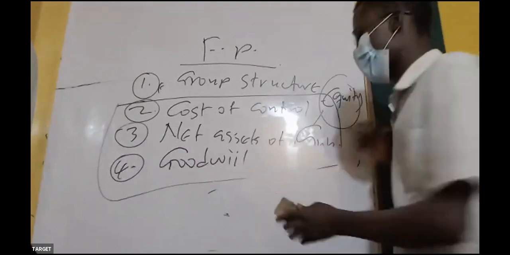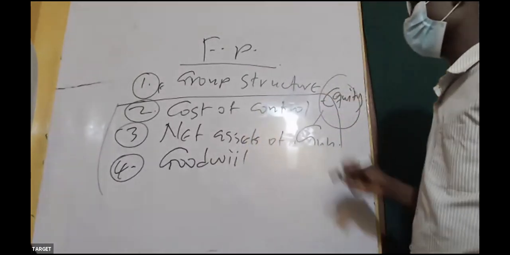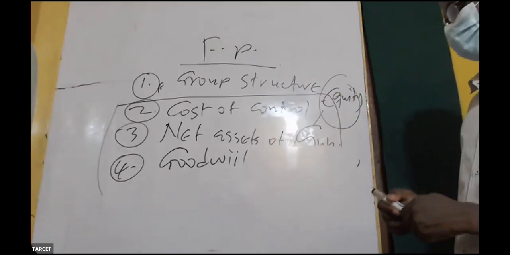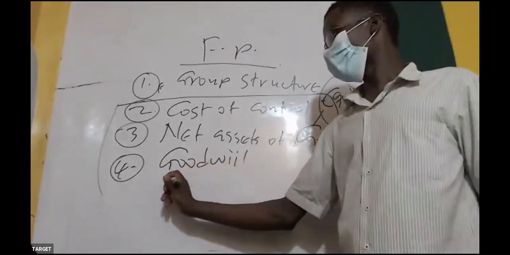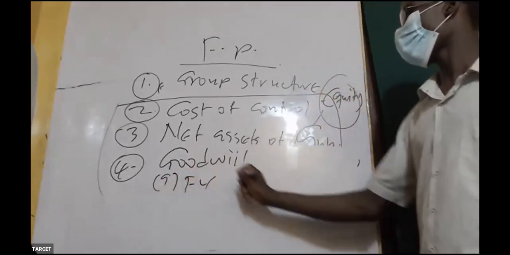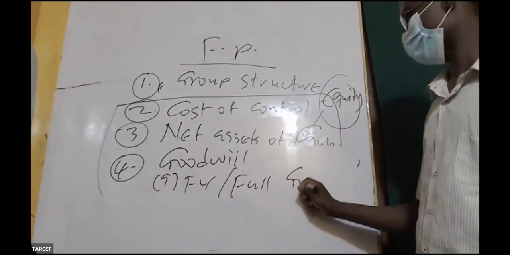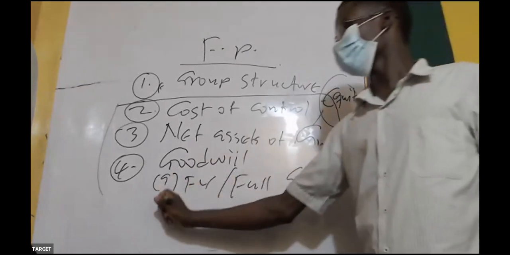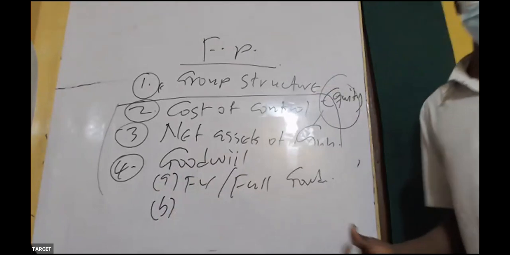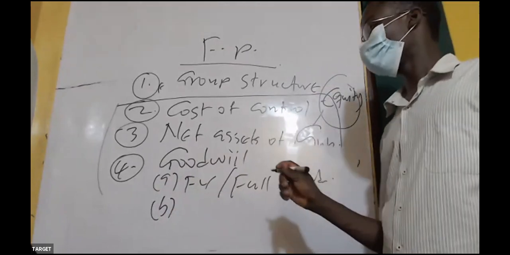For goodwill, there are two ways of valuing the NCI, so it calls for two different goodwill computations. We have the fair value method, or full goodwill method. Then number 2, we have the proportionate interest method.